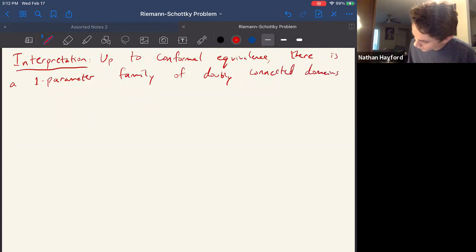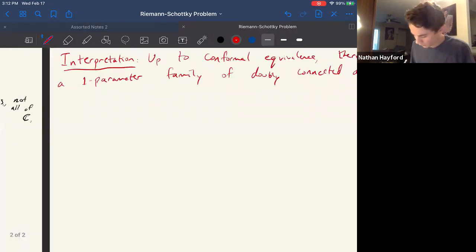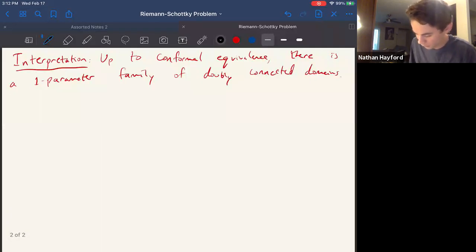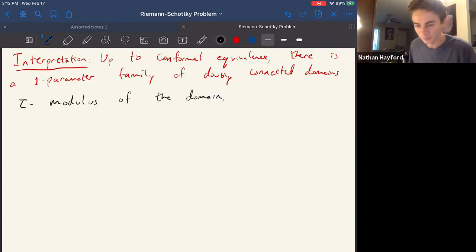And this parameter, which here I called the ratio of the radii, I'll denote by tau, and it's called the modulus, one of the moduli of this domain. In fact, in the case of the annulus, it's the only one. So tau is called the modulus of the domain. And you can think it's just a parameter that describes the kind of domain we're talking about.